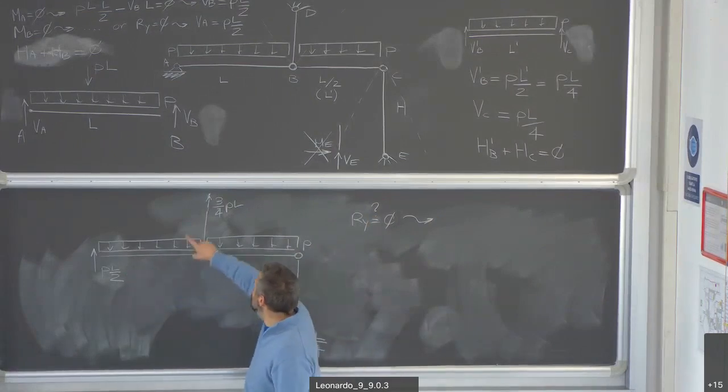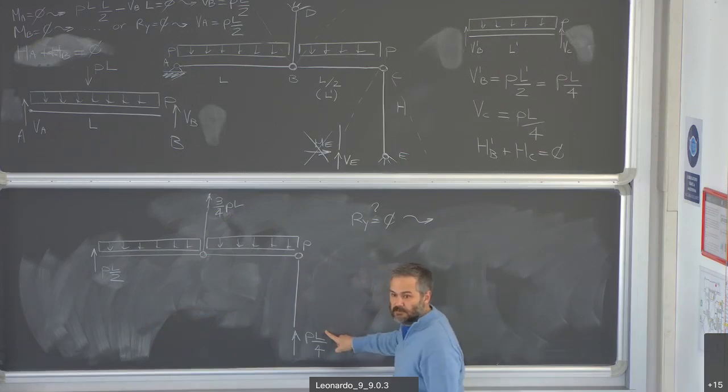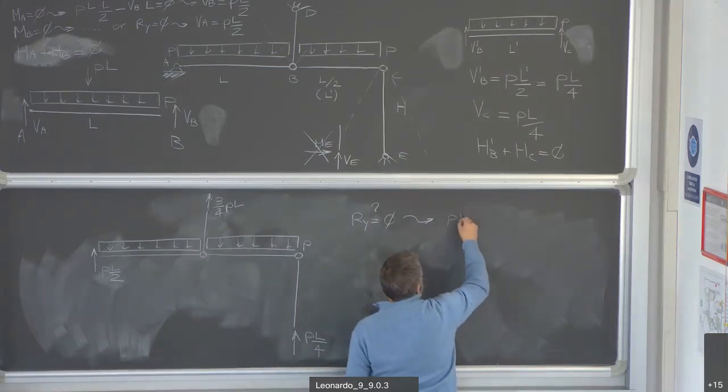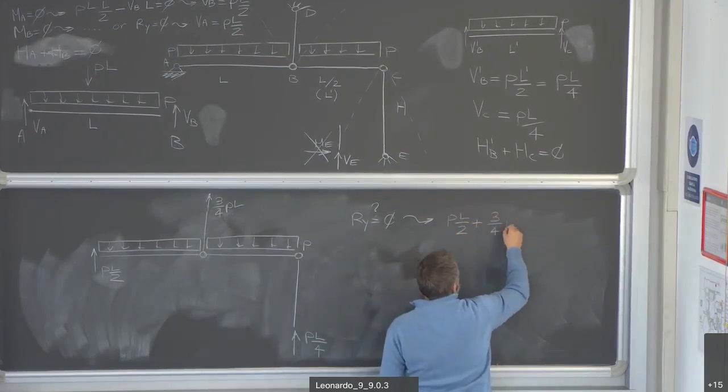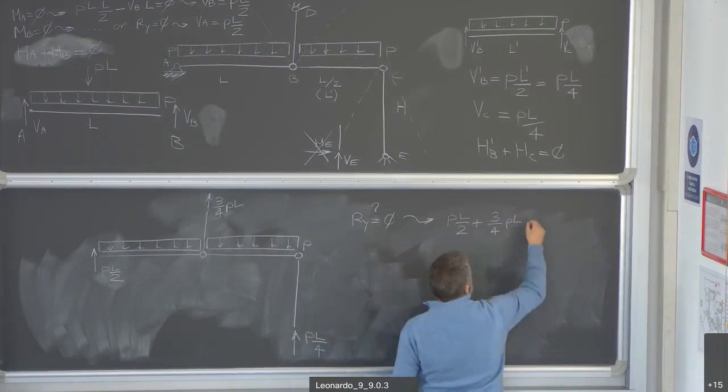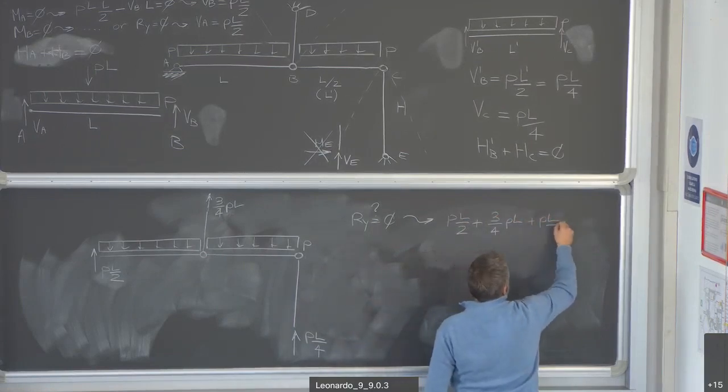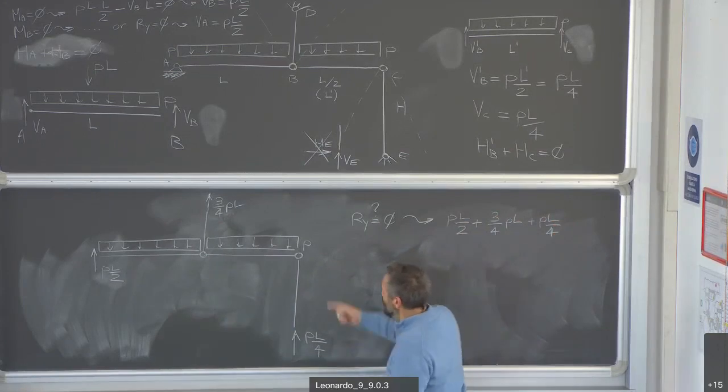PL divided by 2, 3/4 PL, PL divided by 4. Okay? So I have PL divided by 2 plus 3/4 PL plus PL divided by 4. All the 3 upwards.